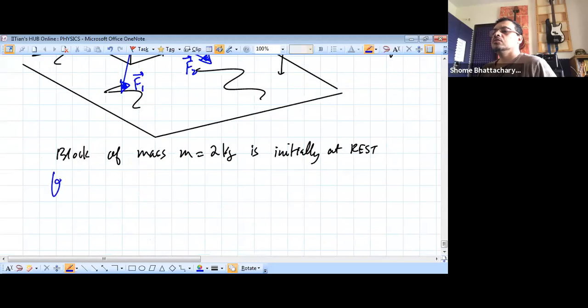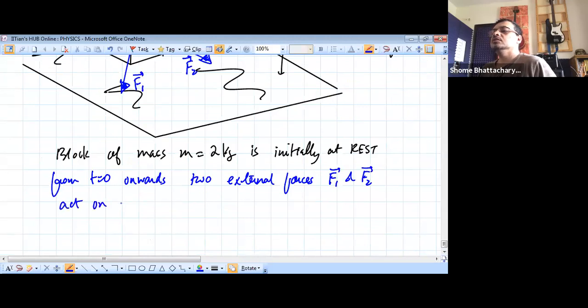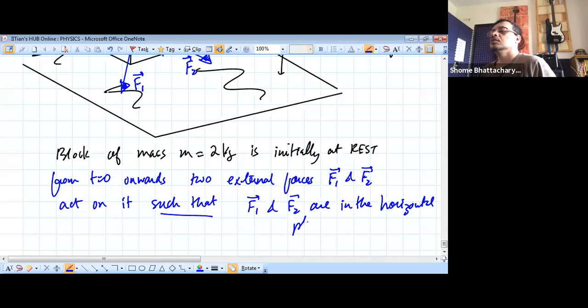Now from t equal to 0 onwards, two external forces F1 and F2 act on it such that F1 and F2 are in the horizontal plane, at an angle of 120 degrees with respect to each other.